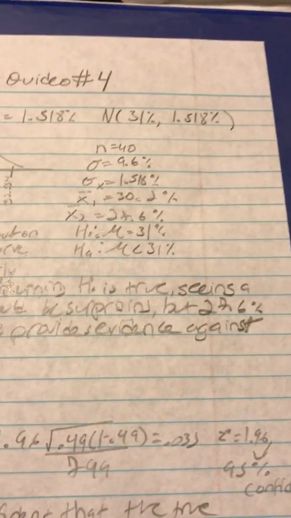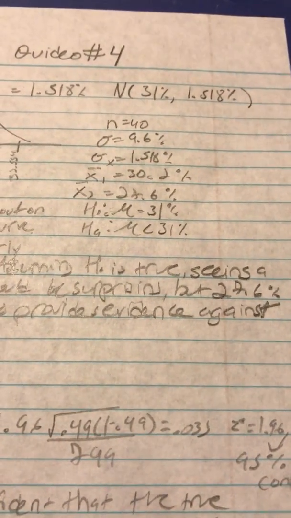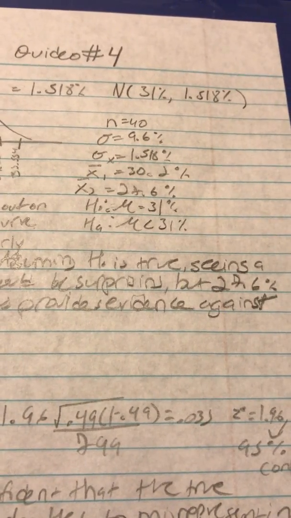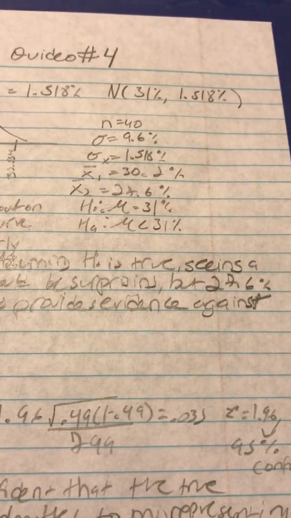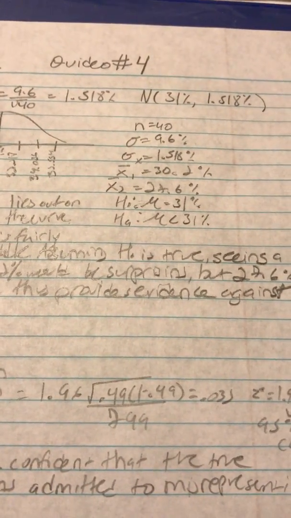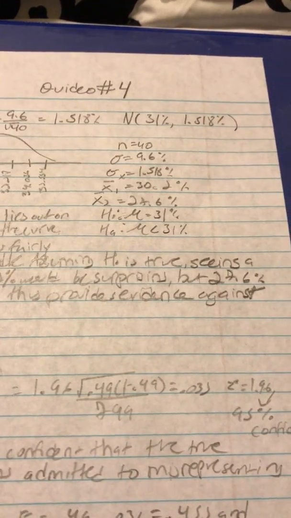And these are also just my numbers: n equals 40, sigma is 9.6%, sigma of x bar is 1.518%, x bar 1 is 30.2, x bar 2 is 27.6, Ho is mu equals 31%, and Ha is mu is less than 31%.